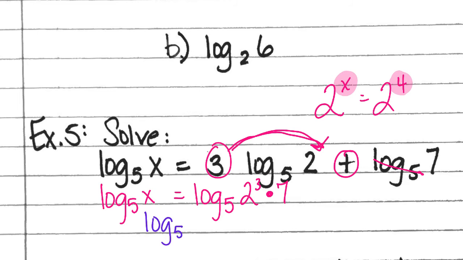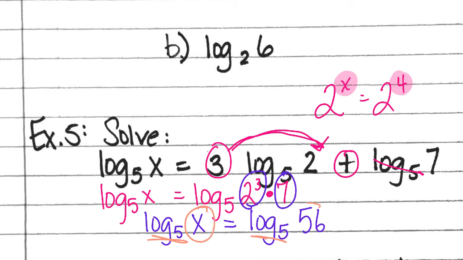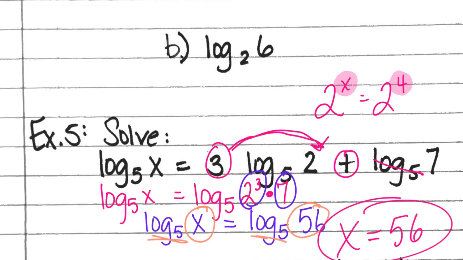Log base 5 of x is equal to log base 5. Well, 8 times 7 is 56. So because my log bases are the same, I know that x is equal to 56. So the answer here is x is equal to 56.